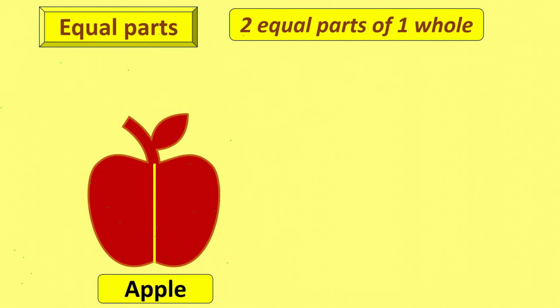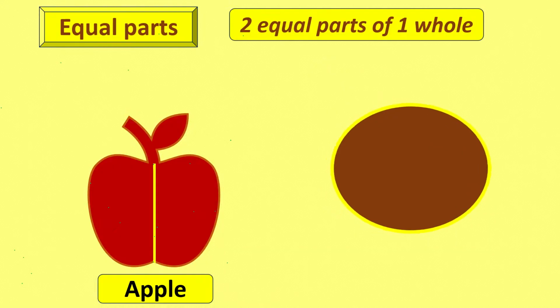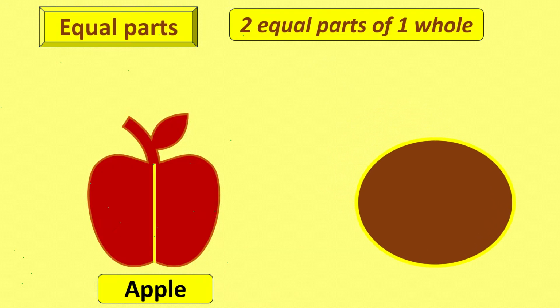We take another figure, a circle, and if we cut the circle at the middle, again we get two equal parts. The first part is from here to here, and the second one is also from here to here, the same as the other one.